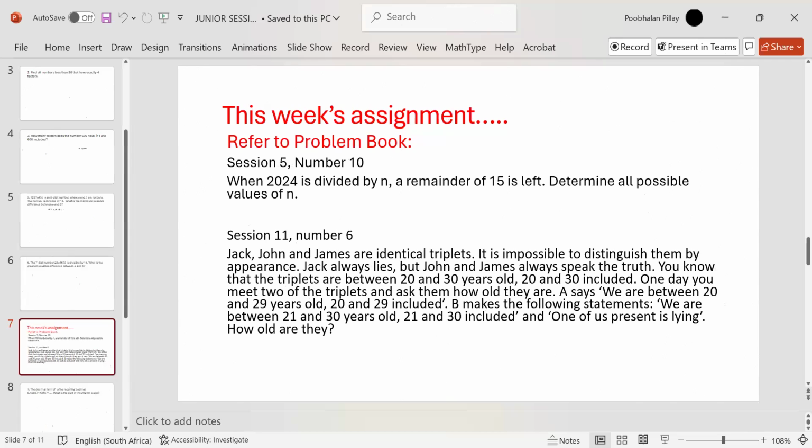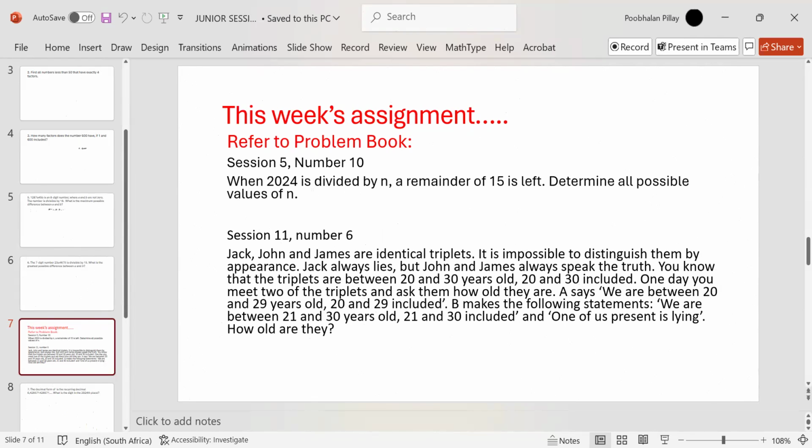But the clue I'm going to give you is that you prove by contradiction. In other words, you assume that one of them is a liar, for example, and then prove that it's impossible. And then you'll say, well, if that is impossible, it means that the guy speaks the truth.